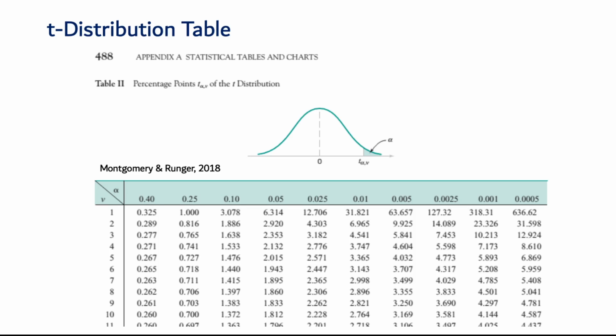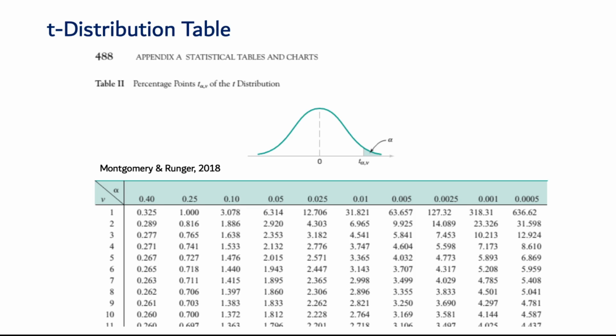For example, how to use this table? What is the t-value for the calculation of the confidence interval at a 5% significance level, and the sample size is 10?